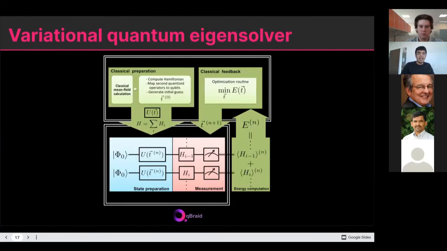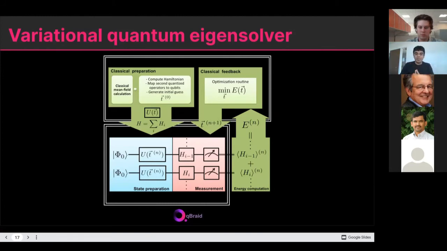And this is where you have another algorithm called the variational quantum eigensolver, which allows you to do the following: if you have the Hamiltonian, which is a summation of terms, then it lets you figure out the average value of each term separately with a much smaller circuit.